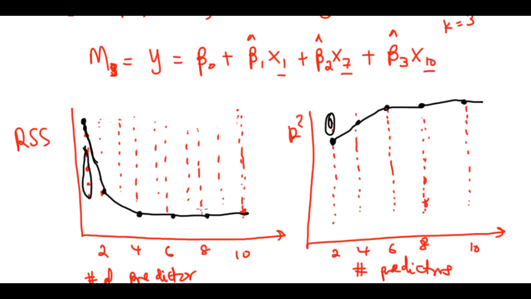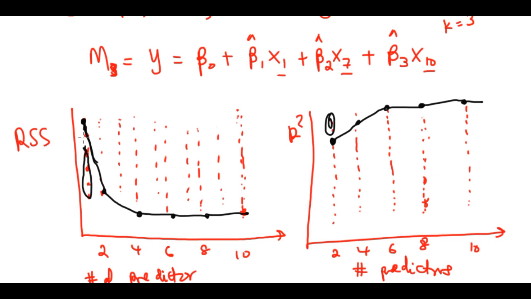Save for a few increases here and there, just minor bumps and minor dips, otherwise it decreases like that. These lines connect the best models for each model size.